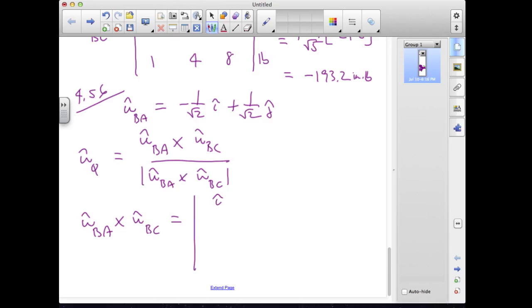This is a vector and not a scalar, so we'll populate our top row with the i, j, and k unit vectors, and we have for UBA minus 1 over root 2, plus 1 over root 2 and 0, and then for UBC we have minus 1 over root 5, 0, and 2 over root 5.